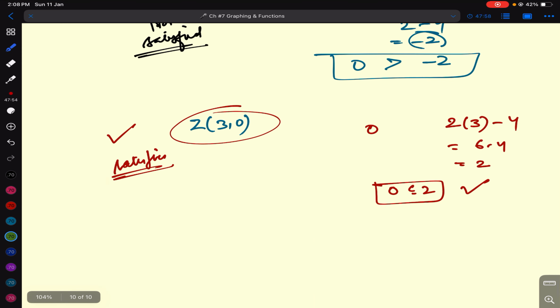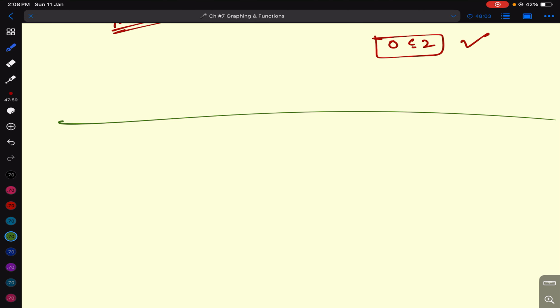So that was your lesson number 3, wherein we studied how to graph a linear inequality, right? So we figure out the graph in a similar fashion, but instead of having a straight line as the representation of the solution, in the case of a linear inequality, the solution becomes the area that corresponds to the part of the coordinate plane wherein the points falling in that area satisfy the inequality.